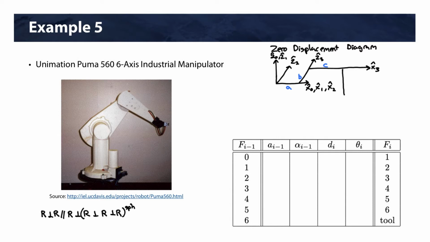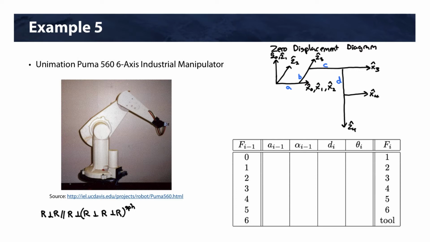Okay, and that takes us to Z4, with X4 here, and so this is our length D. So the RRP had A and D, but it doesn't have B and C. Now these two are exaggerated. They're actually quite small, but just in order to draw the 0 displacement and be able to label things, I've made them a lot bigger than they are. In reality, these are two small values, but like I said, they exist and they change the kinematics.